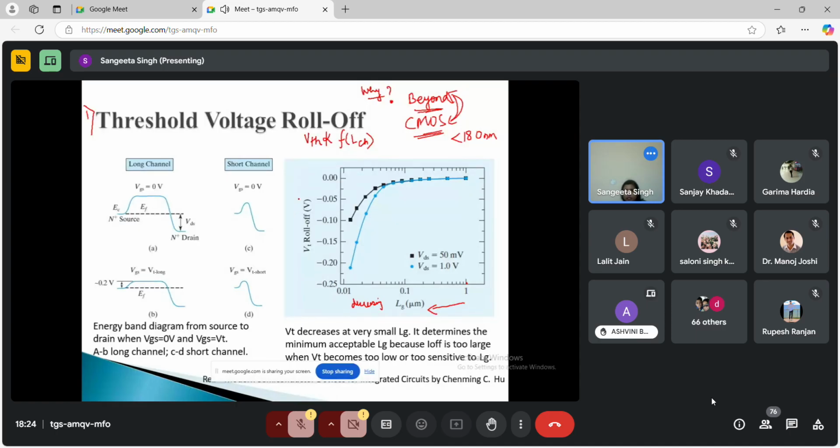So the very first thing that I'm trying to explain is threshold voltage roll off. Your threshold voltage happens not to be a function of channel length, but what is happening when you are going beyond 180 nanometer? When you are at 1 micron technology, your VTH was constant. It is not changing as a function of channel length.